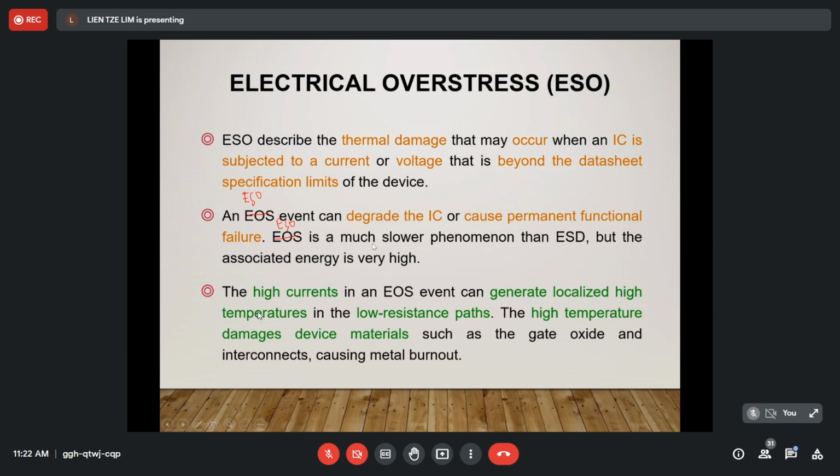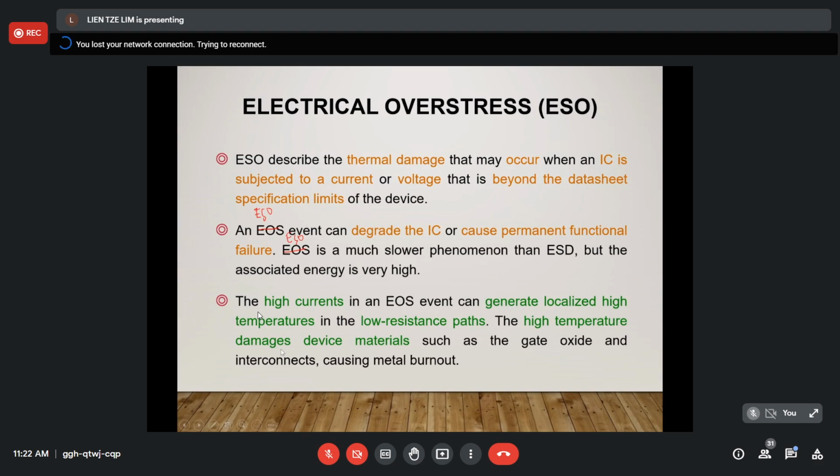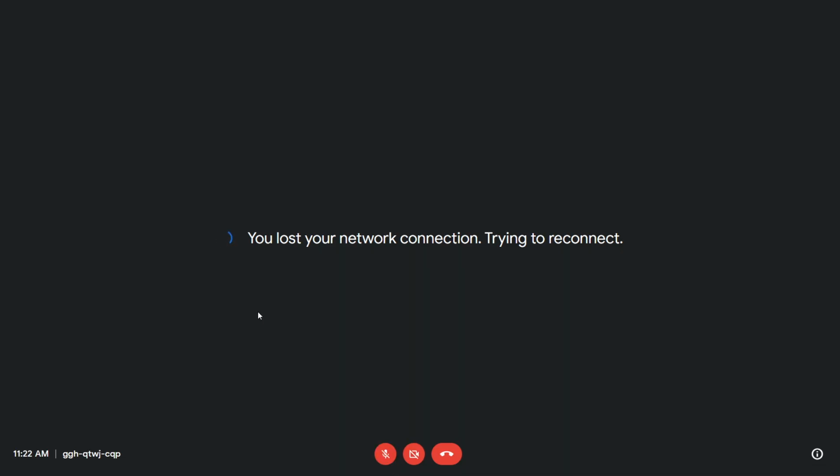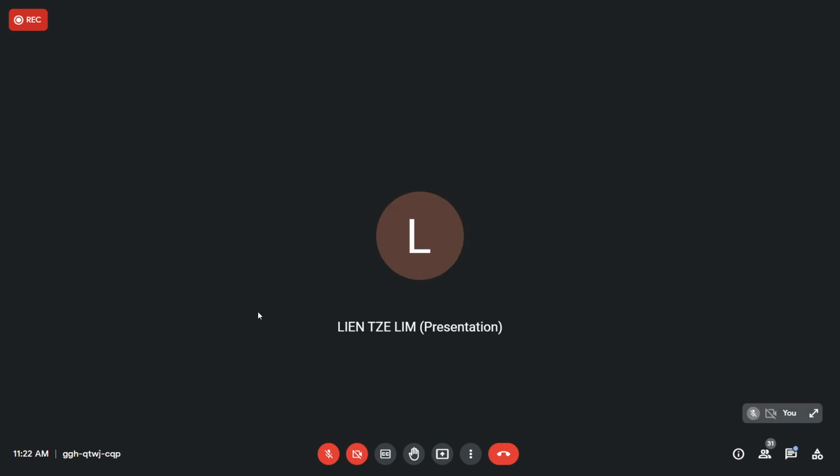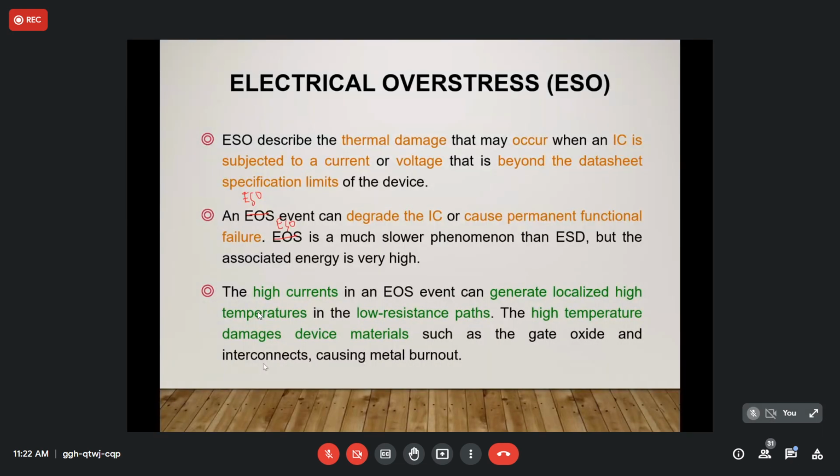EOS is a much slower phenomenon than ESD, but the associated energy is very high. The high current in an EOS event can generate localized high temperature in the low resistance path. The high temperature damages device material such as the gate oxide and interconnects, causing metal burn out.